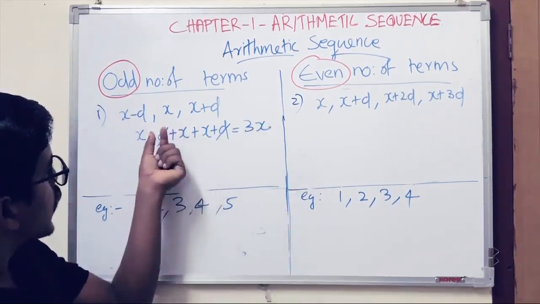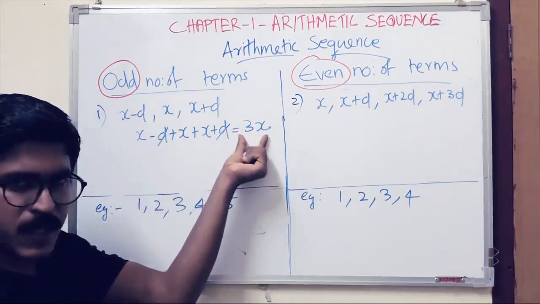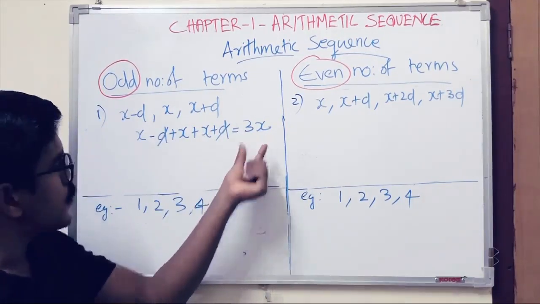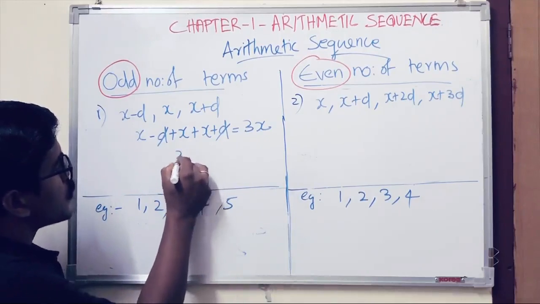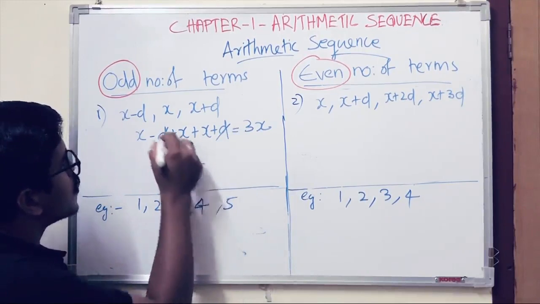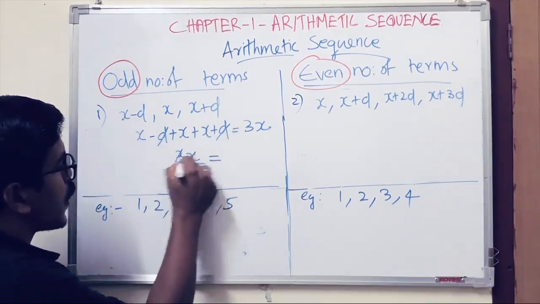That is 3 times the middle number. How is the middle number x? The sum is 3x. So 3 times the middle number is the answer. Now if you are taking the average of this, 3x is the total sum and the total number of terms is 3, then the average x will come.